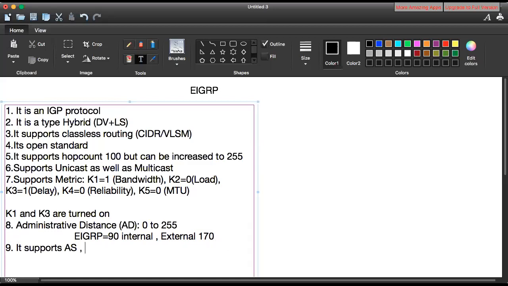It basically is to segregate the routing table. EIGRP has nothing to do with the AS number we discussed earlier, like inter-domain routing. Here it does support an AS number, but it is just to segregate the routing table.